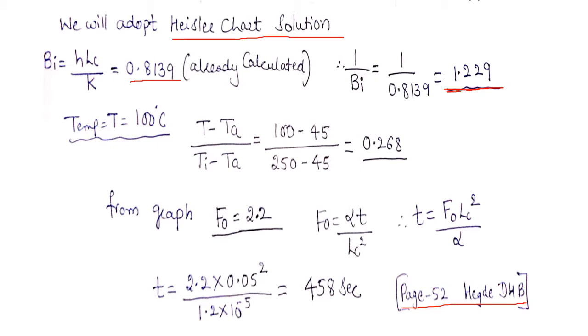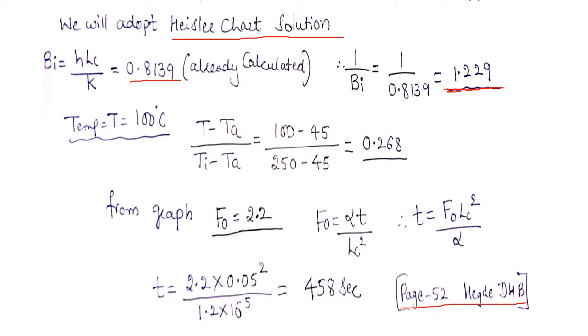Now he has asked us to calculate the time it will take for the center plane to cool to 100 degrees centigrade. That means this is the lumped system analysis formula: T minus Ta divided by Ti minus Ta, which we already calculated using the lumped system analysis. This value is also available in the graph. I will show you in the graph.